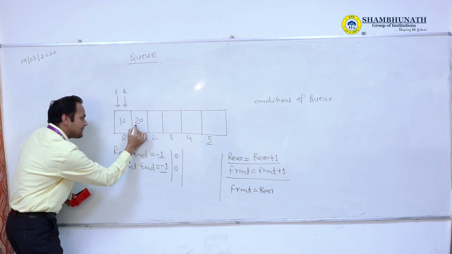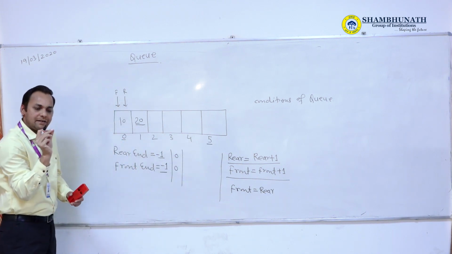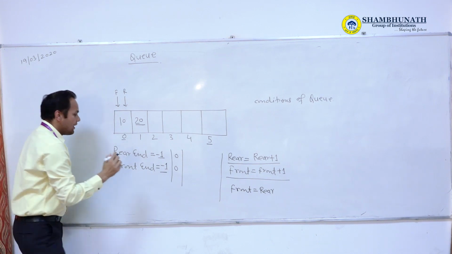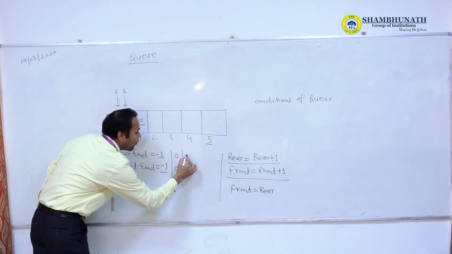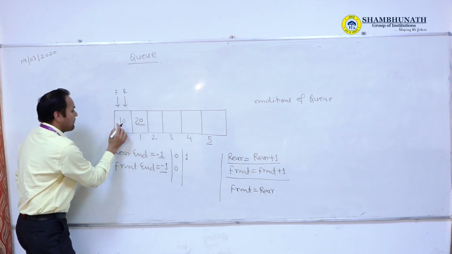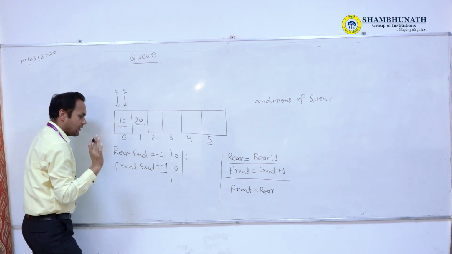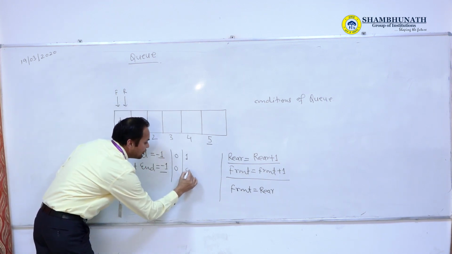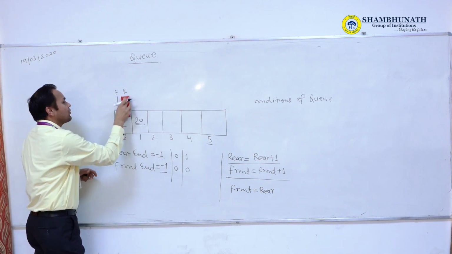If we are inserting the element 20, only the position of rear changes. Rear goes to 1 and front is already constant at 0. So the pointer goes there.